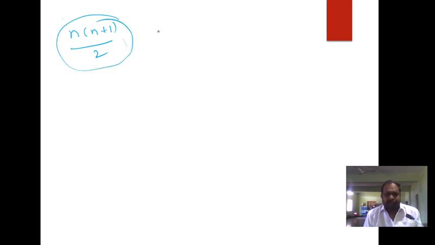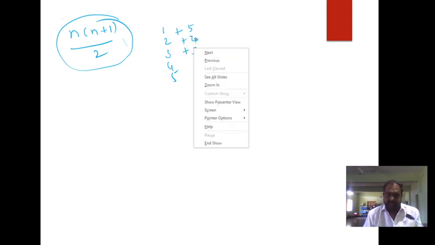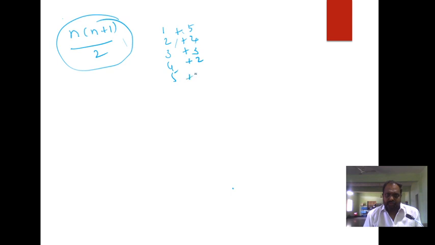N into n plus 1 by 2 means the sum of natural numbers 1, 2, 3, 4, 5. 1 plus 5, 2 plus 4, 3 plus 3, again 4 plus 2, 5 plus 1, we will get 6 every time.